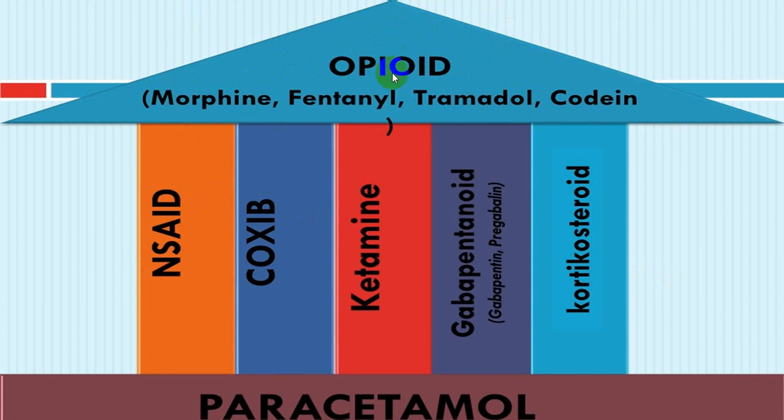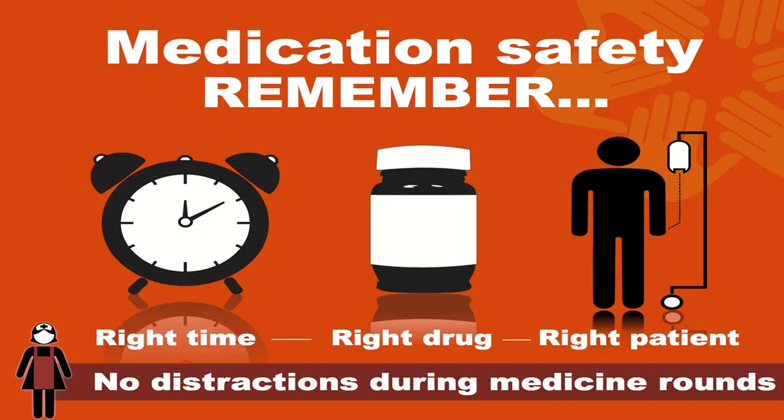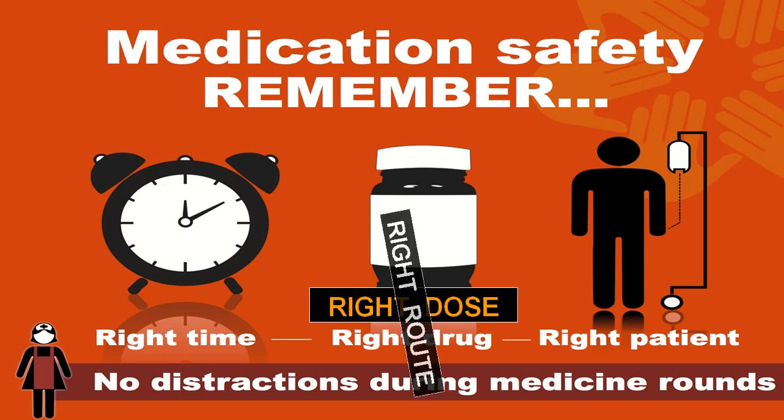But again, you will have to divide opioids into different groups, that is mild opioid groups and powerful opioid groups, depending upon the different conditions. So right time, right drug for the right patient, right dose, very, very important.